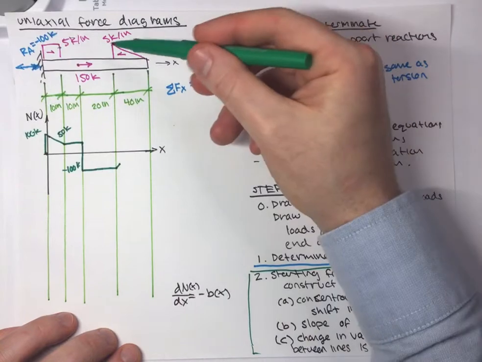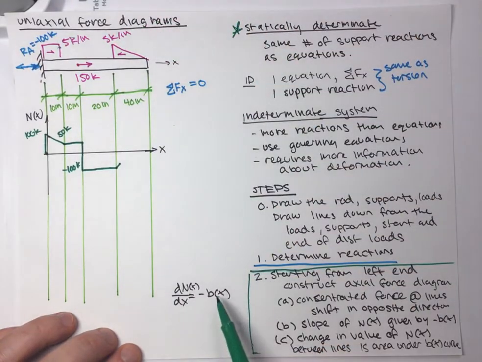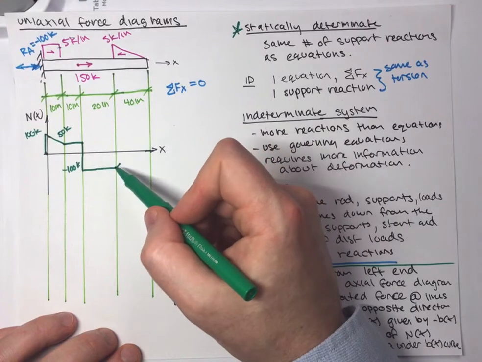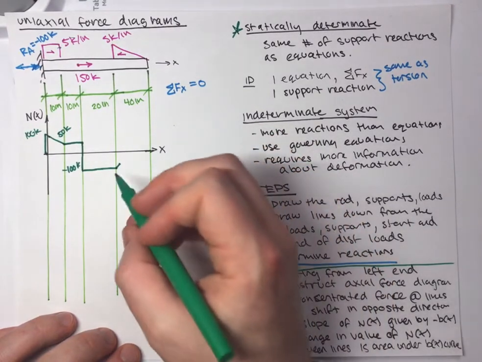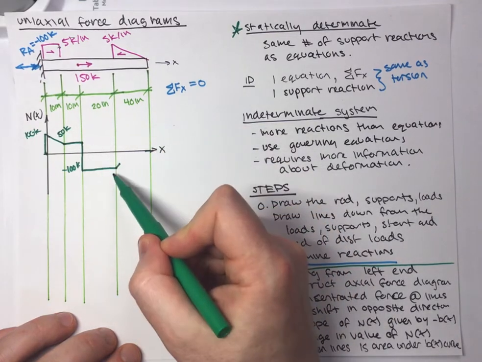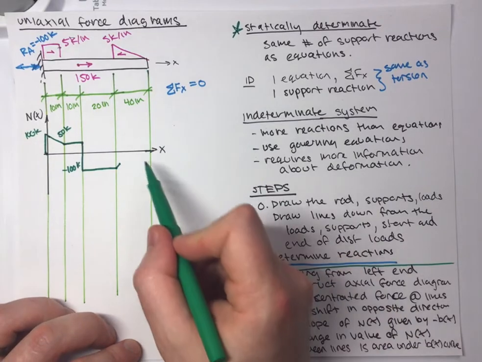Now, what happens in between? Well, this is a linear slope, right? We know that b of x is the derivative of our n of x, which means if this is linear, that means this must be quadratic. And so what we are going to see is that we should have a quadratic curve here. I've drawn that line there.